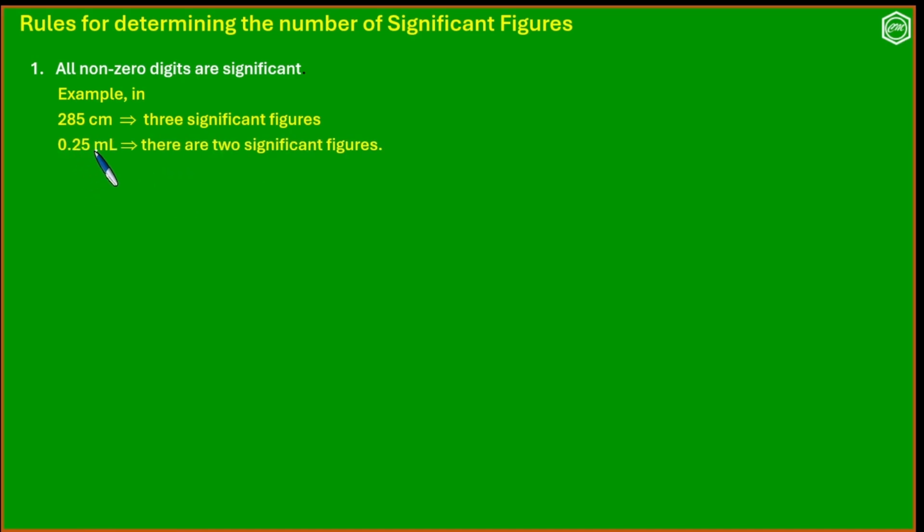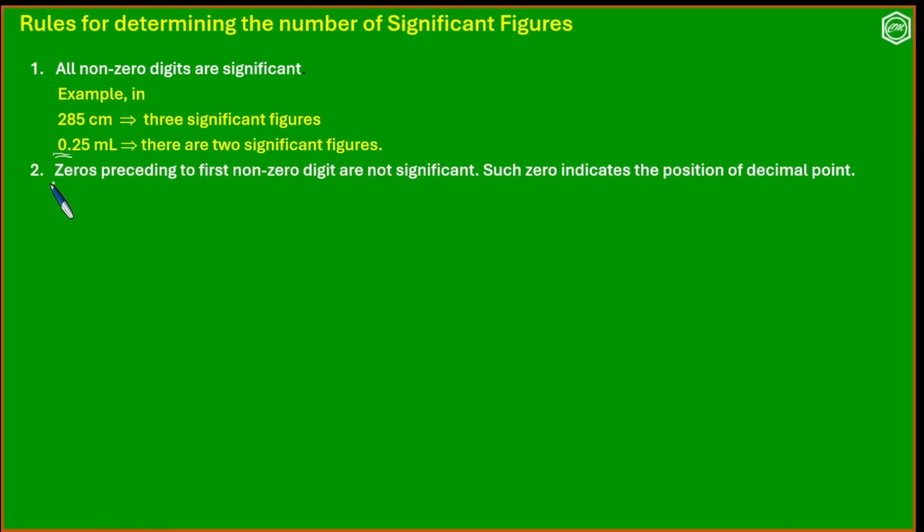Now 0.25 ml. So this 0 is not significant. These 2 digits are significant. So therefore there are 2 significant figures. Second rule, zeros preceding to first non-zero digit are not significant. Such a zero indicates the position of the decimal point.